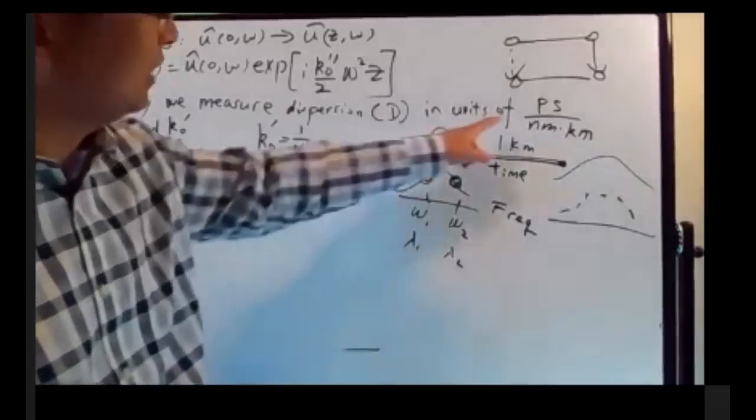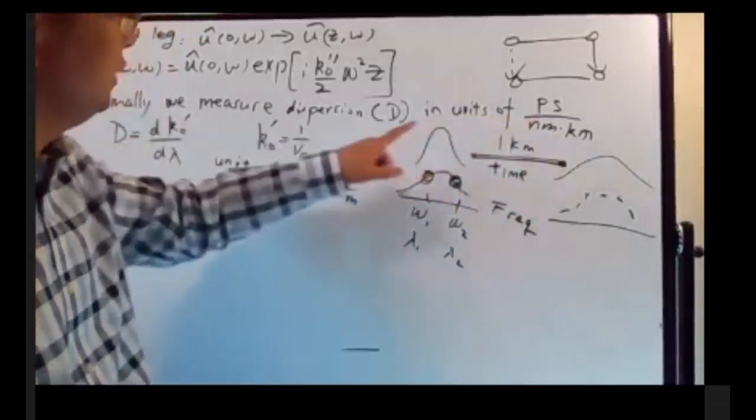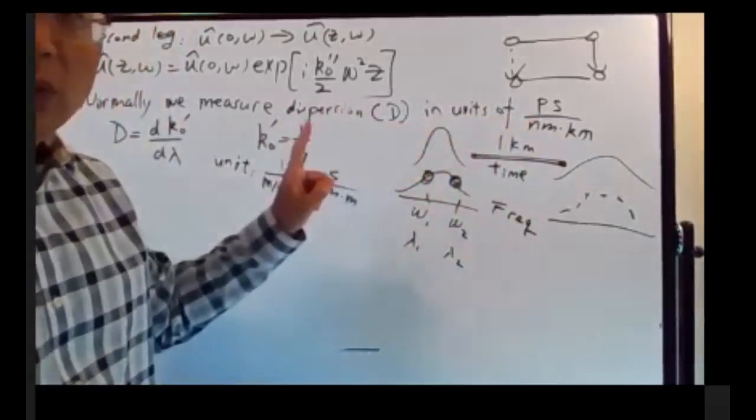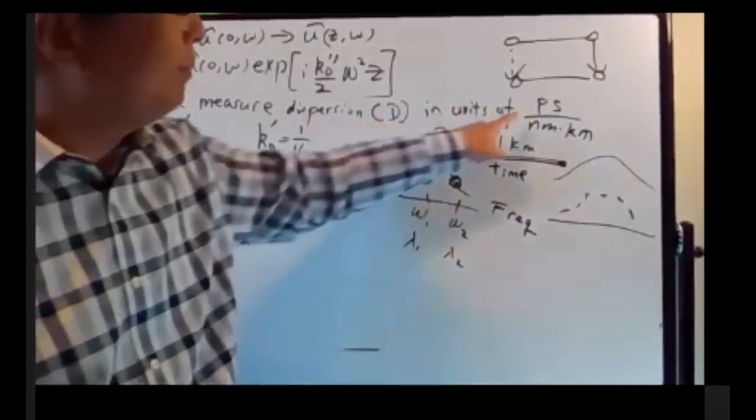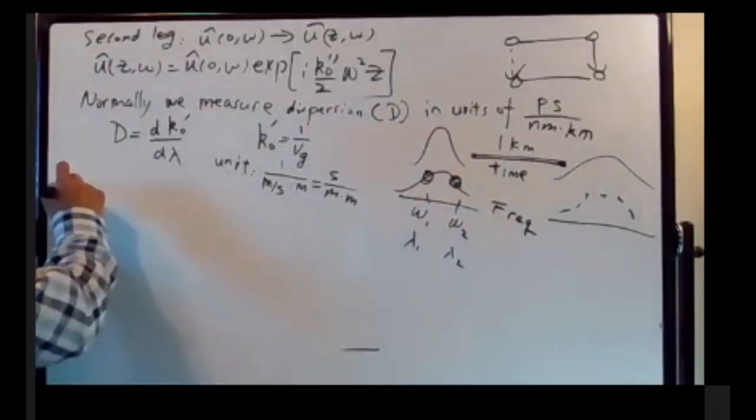So this is consistent with picosecond per nanometer per kilometer. However, we usually quantify this D in picosecond per nanometer per kilometer. All right. Let's finish this k naught double prime, and then we're done today, right?